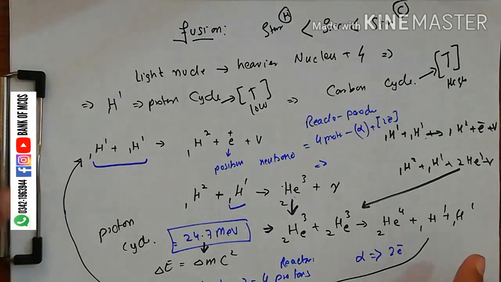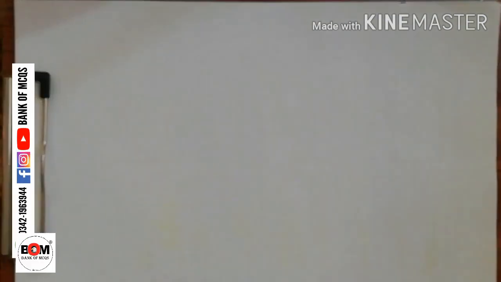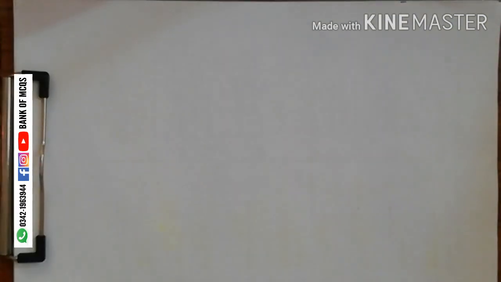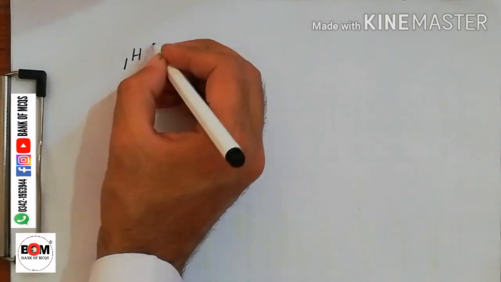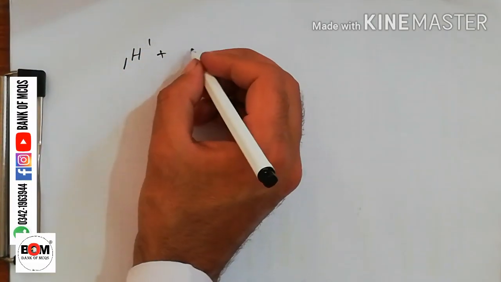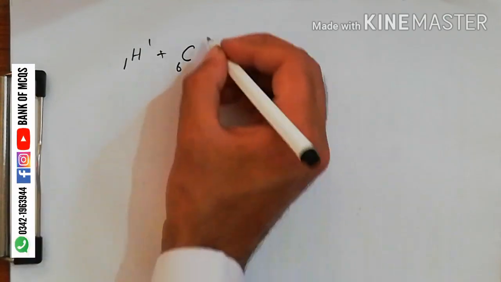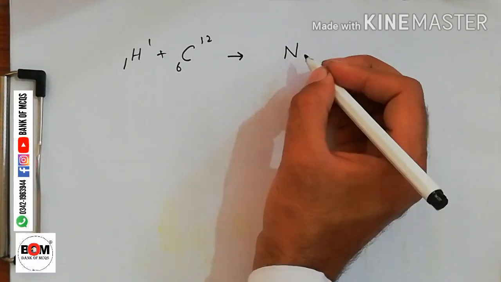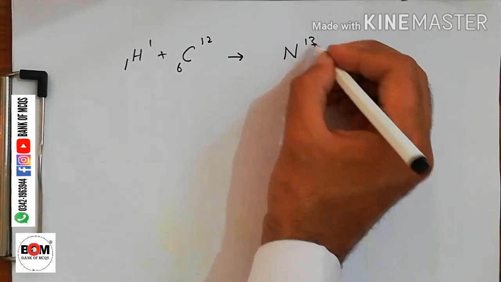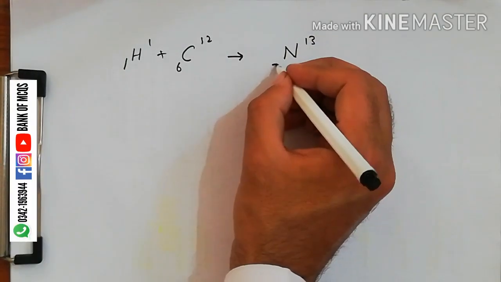The next cycle is called the carbon cycle, which starts from carbon after reacting it with a proton. So one proton reacts with C612, and it is converted into nitrogen 13 and 7.